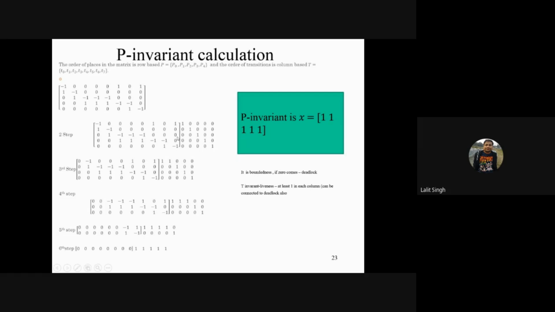Here you can see 5 rows are there, so I have made a 5 by 5 unit diagonal matrix. Then you have to perform the calculations in such a way that you turn this incidence matrix into 0, because ultimately our aim is to make this matrix 0.